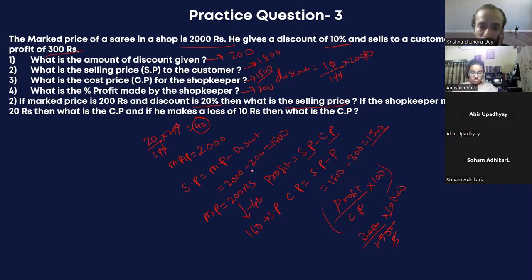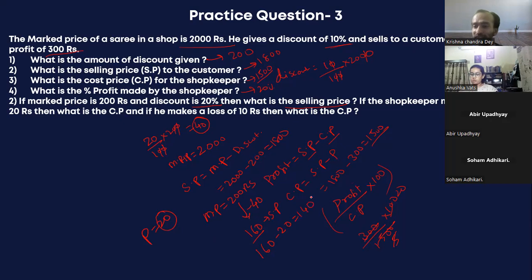Now, if he makes a profit of 20 rupees on the 160, what will be his cost price? He is earning money, that means he would have bought it at a lesser amount. It will be 160 minus 20, which is 140 rupees.